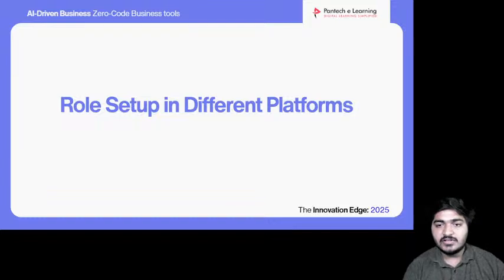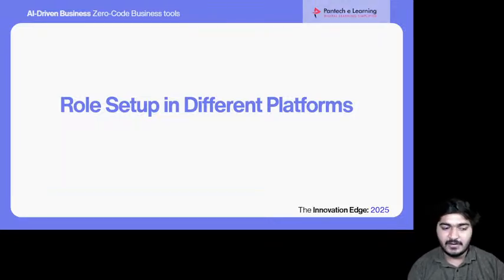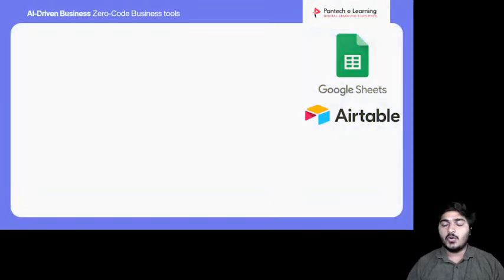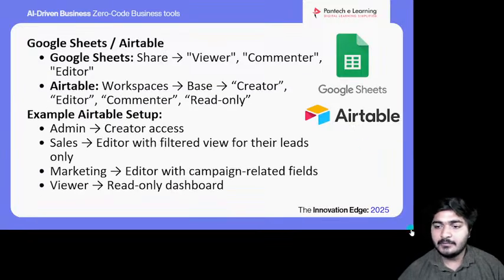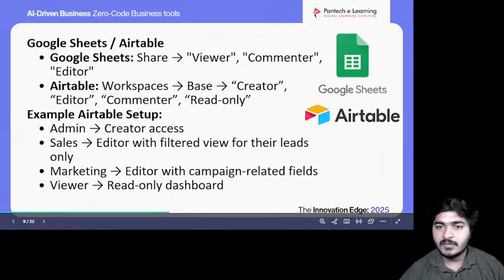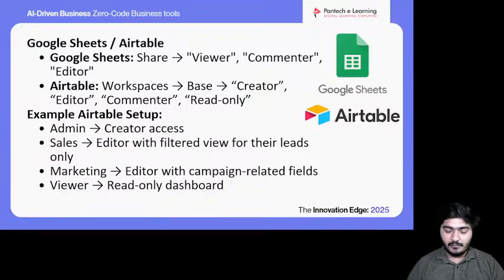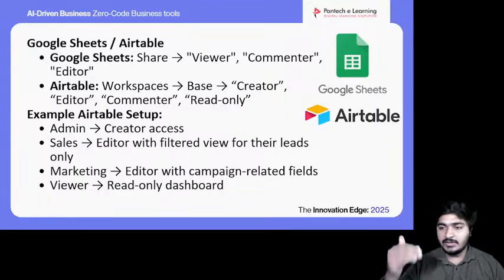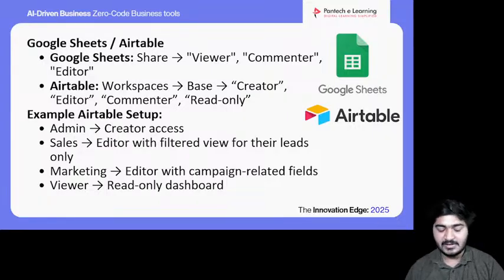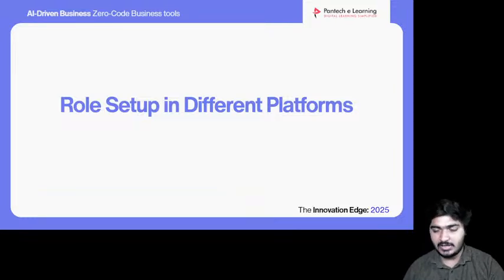Okay, so these are all the role setups in the different platforms. So as an example, we'll take Google Sheet and Airtable. As we saw earlier in the day 1 and day 2 classes, there are three types of processes in the business, and in that format only I separated the roles of the applications or the platforms.